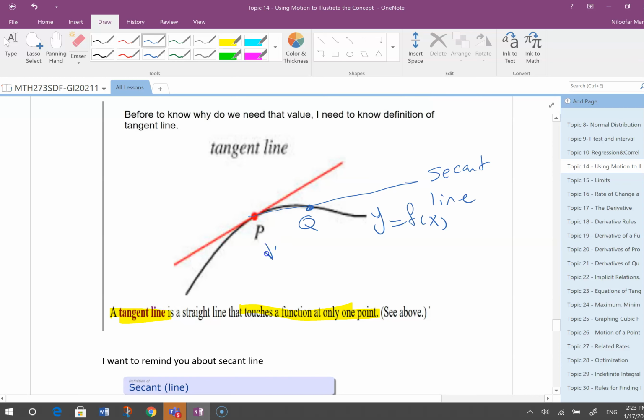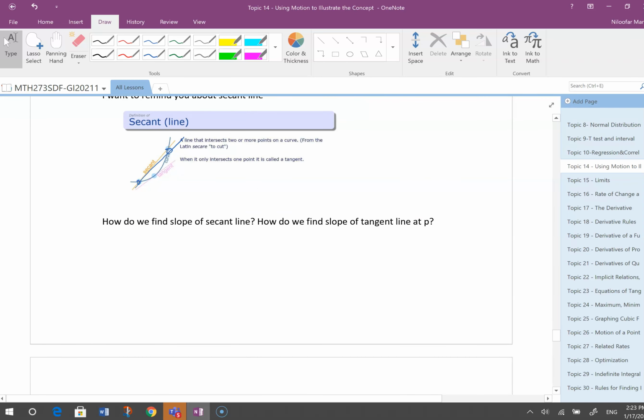This one is A and f(a), and this one is B and f(b), for example. These 2 points, and we know each point is a pair of x and y. So how can I find the slope of secant line?